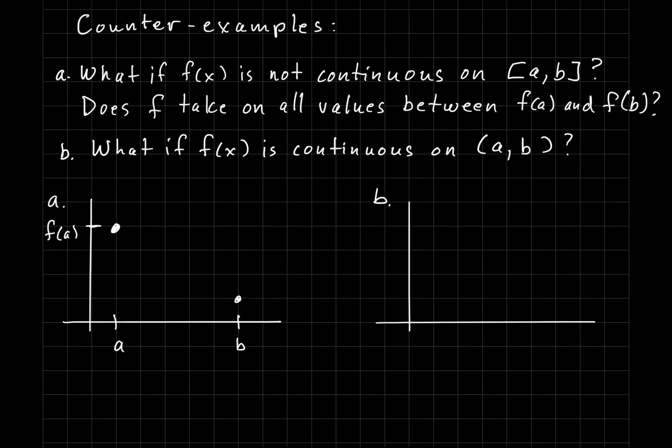So when you're proving something is true, it must always be true. If it's true a million times and false once, we say that it is false. So to try to prove something is not true, we only need to come up with one counterexample. So what if I do a very simple graph like this?